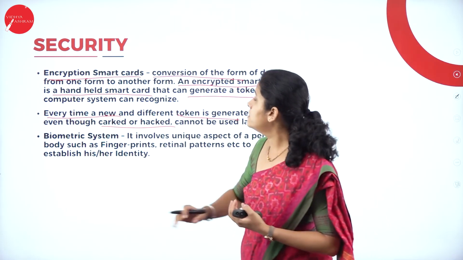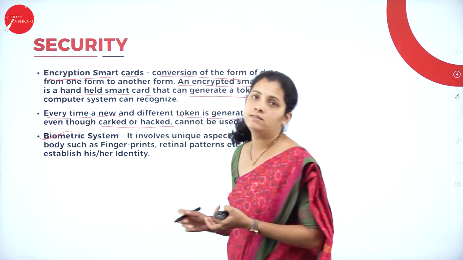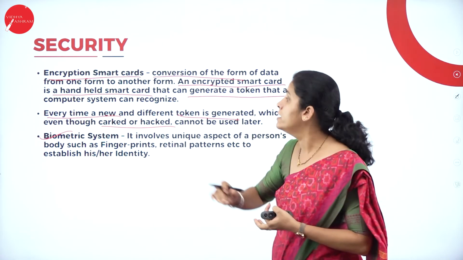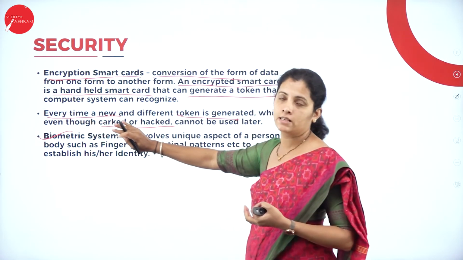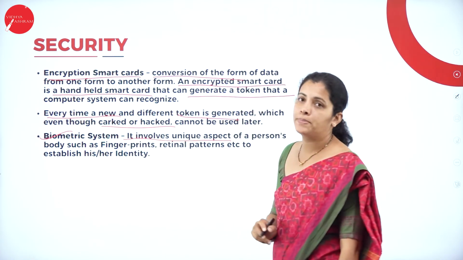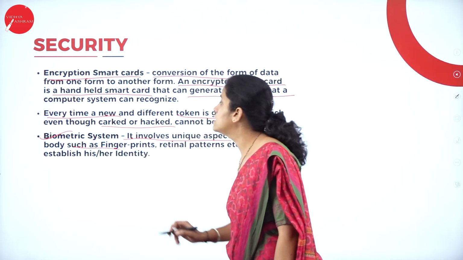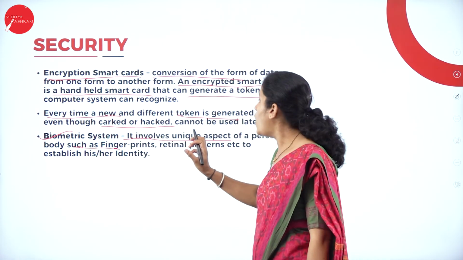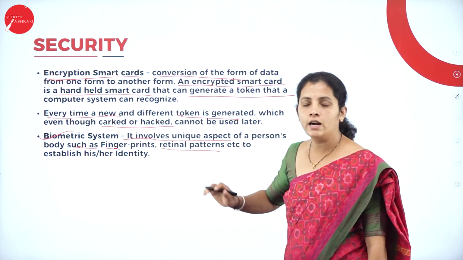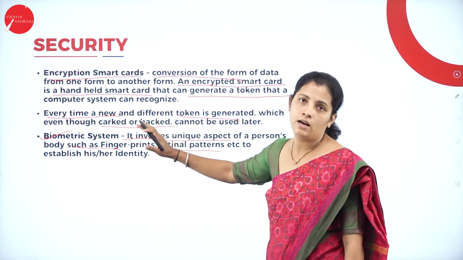Another security aspect here is the biometric system. That means you can provide security based on the biometric system. It involves unique aspects of a person's body such as fingerprints or retinal patterns, etc., in order to identify his or her identity.